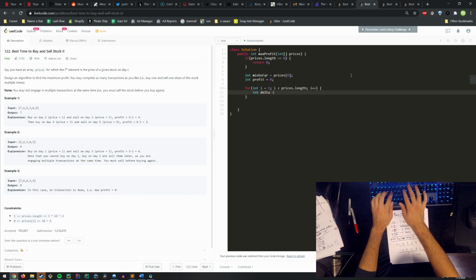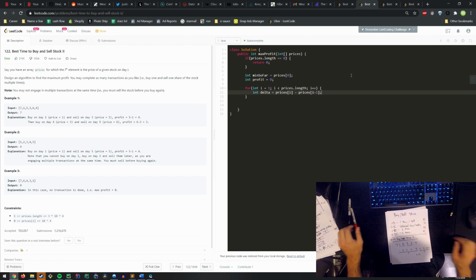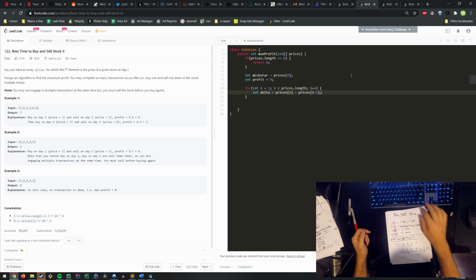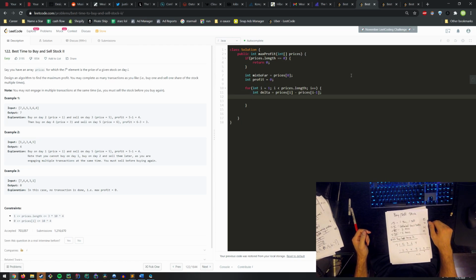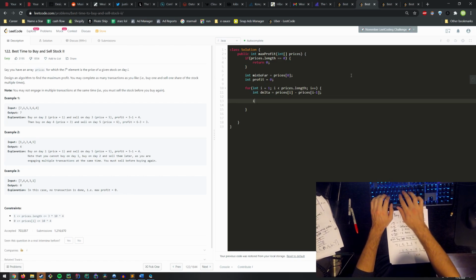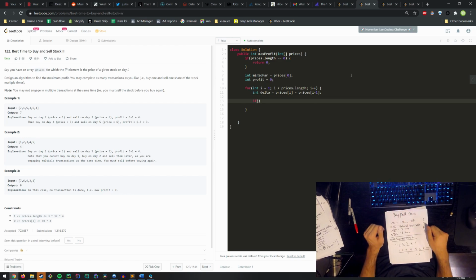Int delta equals prices at I minus prices at I minus 1. So looking at, that would be the 7 to 1 in the example we were talking about. So our cases are if it's positive or if it's 0 or negative. Because in the case of 0, we don't really need to do a buy sell. We would just continue on.